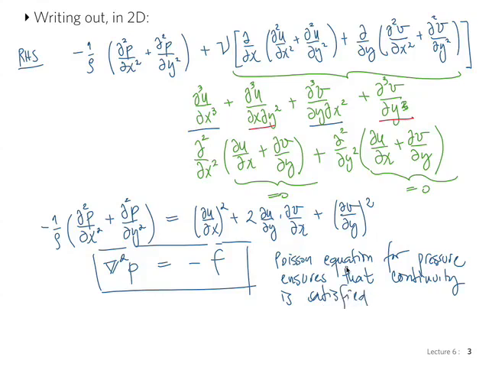And it gives us a relationship between pressure and velocity that we can use now to couple our two equations for the Navier-Stokes, to do a Navier-Stokes computation.